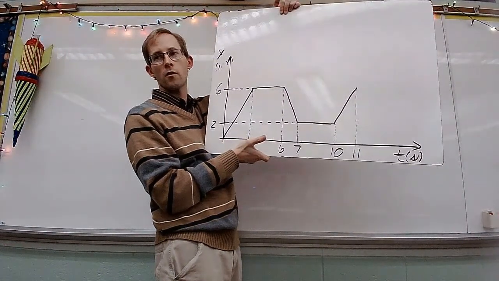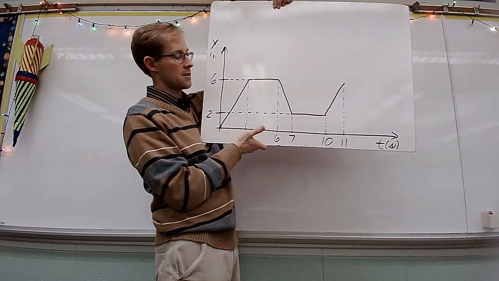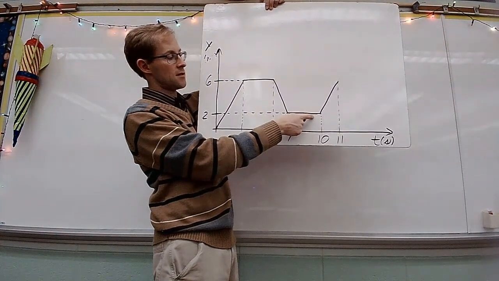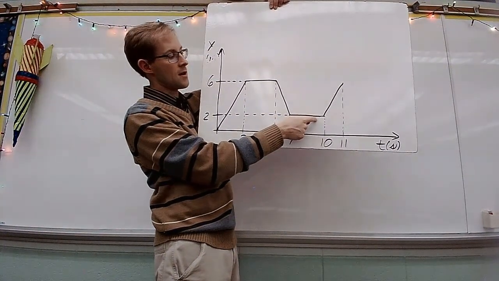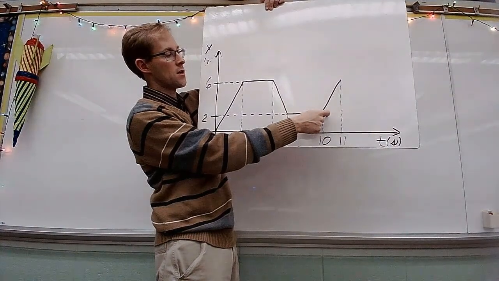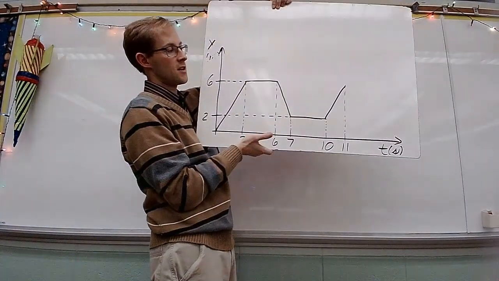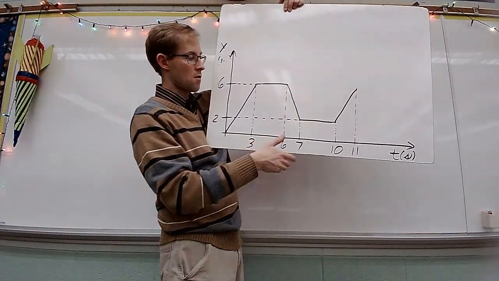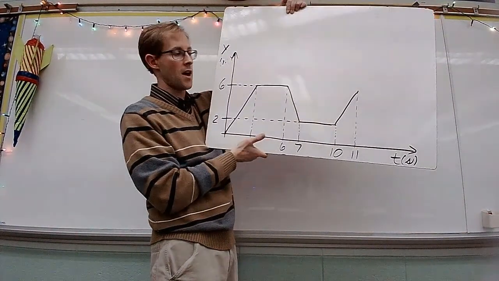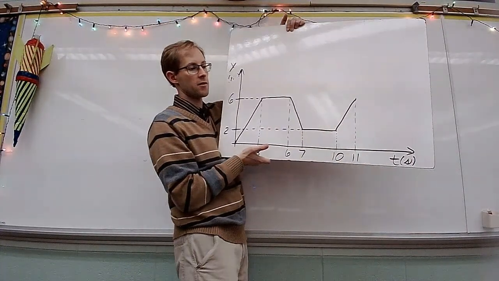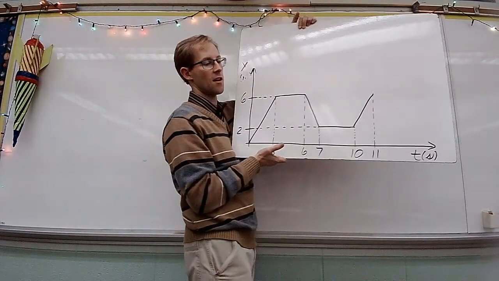So -4 is inside the absolute value sign there. And then after that, we've got a displacement or a distance of 0, because we don't go anywhere. And then from 10 to 11 seconds, we go from 2 to 4 to 6 meters. So that means your total distance traveled is 4. So when you add up all those absolute values, divide it by the total time of 11, you get your average speed, which is 1.27 meters per second.